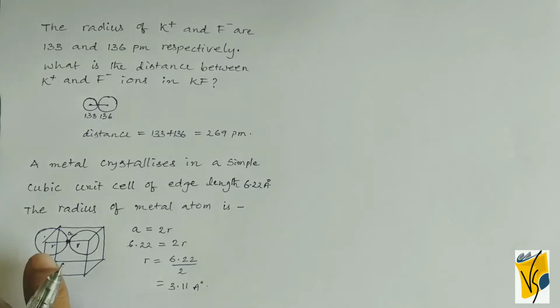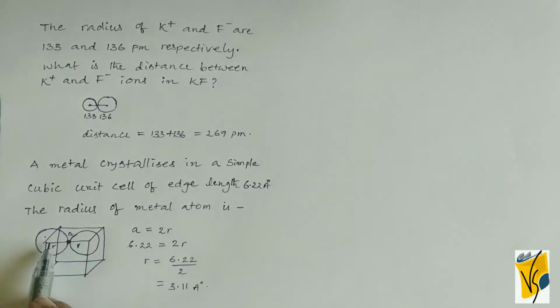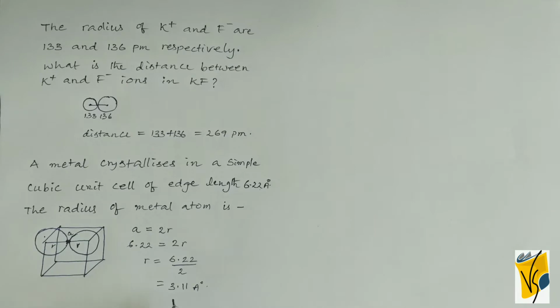So this is a very simple problem. Okay, so along the edge there are 2r. So 1r is equal to what? Half of the edge length, a by 2. Okay, so that is why the radius of the atom is 3.11 angstroms. Right.